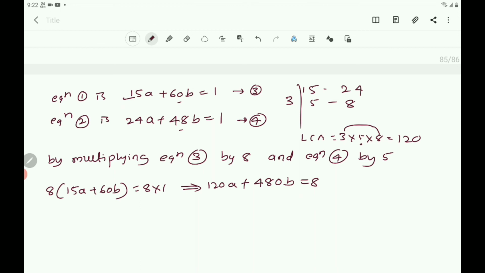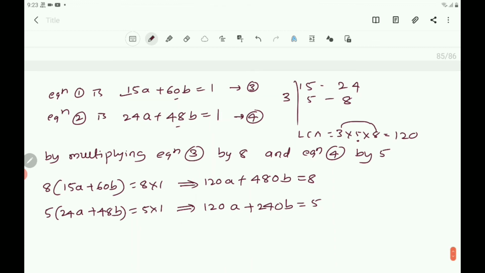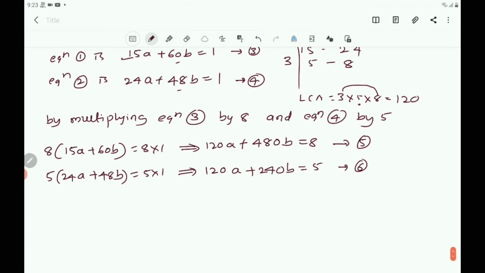The fourth equation becomes 5 into 24a plus 48b equals 5 into 1, that is 120a plus 240b equals 5. This is the 5th equation and the 6th equation.